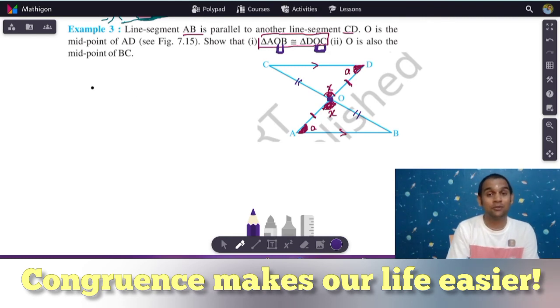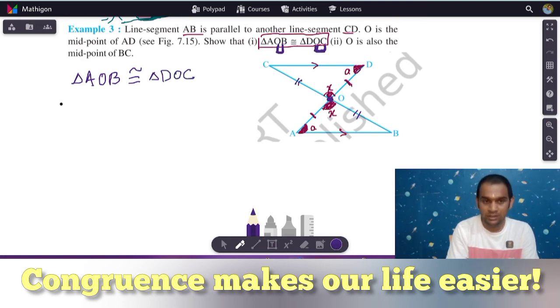Now, if you have a doubt about how I am writing the corresponding parts, please take a look. If it is given as triangle AOB is congruent to triangle DOC, what is the meaning of that? How do we represent the corresponding parts? First, angle A will be corresponding to angle D. Corresponding is written by this symbol.